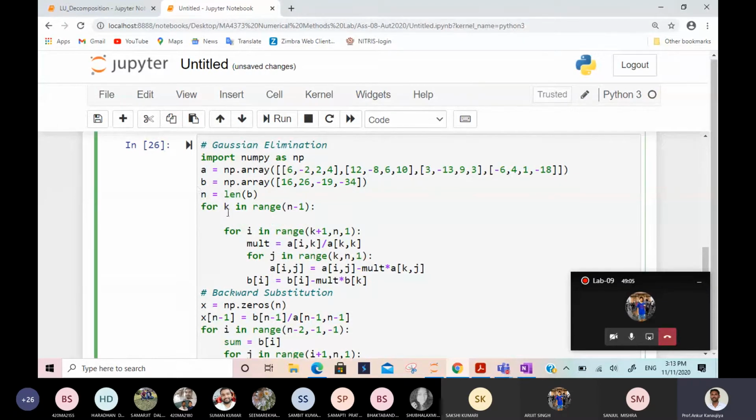This K represents the column where you are making the entries below the diagonal 0, like column number 0, column number 1, column number 2. In each column, we first find the maximum index, right? So I am finding the maximum row index, np.argmax.